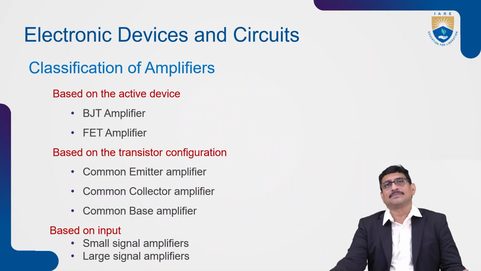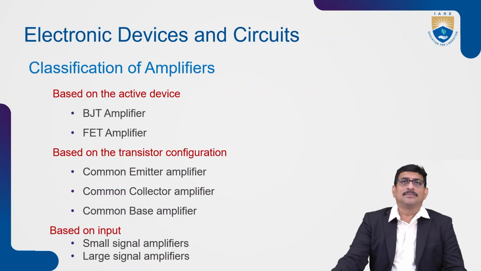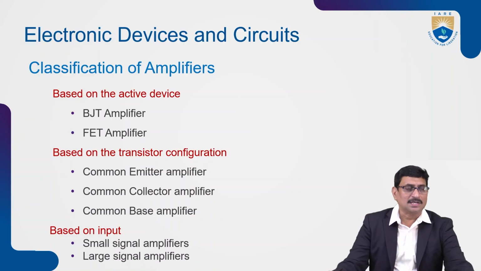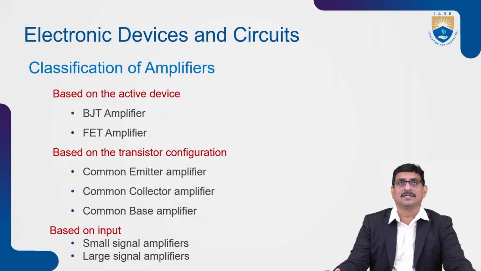Based on the device which we are using for the amplifiers, based on the transistor configurations, based on the input, based on the output, based on the frequency, based on the bandwidth, and based on the selection of the operating point, there are different types of amplifiers. Now the classification of amplifiers.